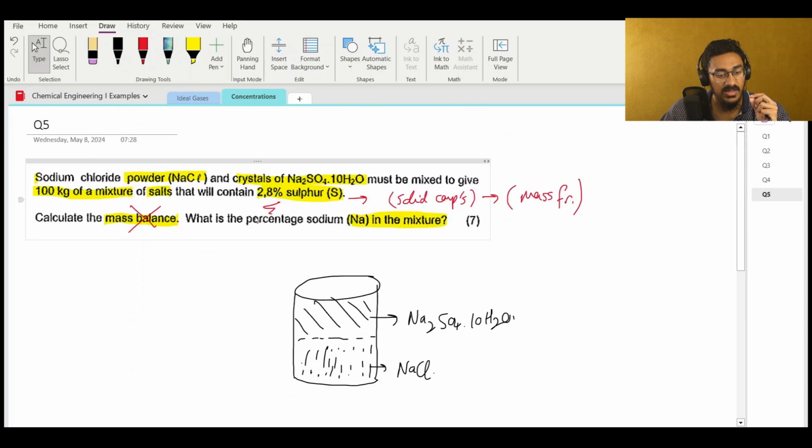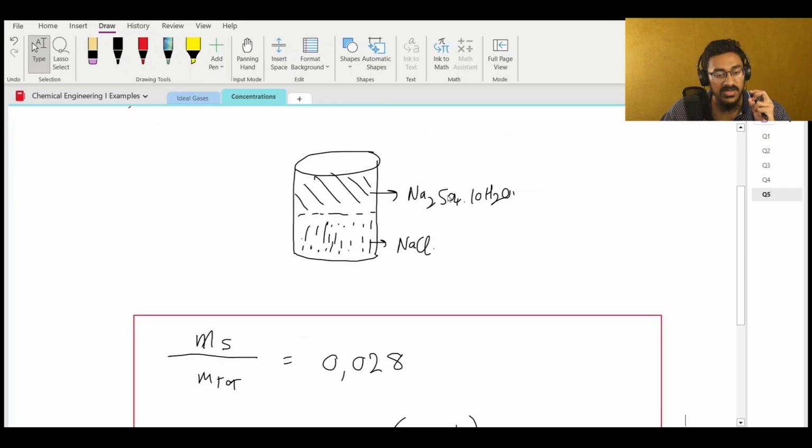So just keep in mind, the only place where sulfur is going to come from in this mixture is from the Na2SO4. There's no sulfur in the sodium chloride. All of my sulfur comes from sodium sulfate. So do you agree?